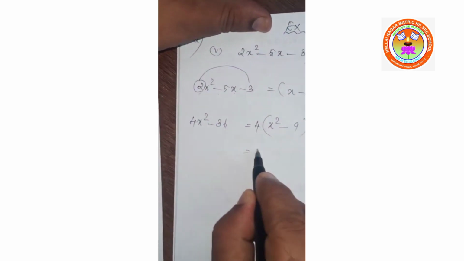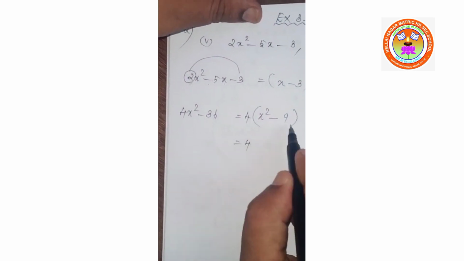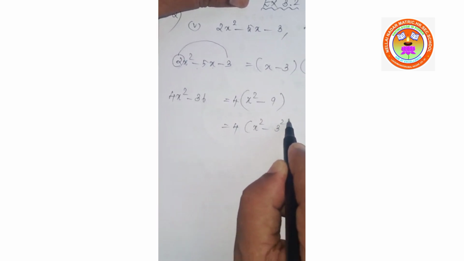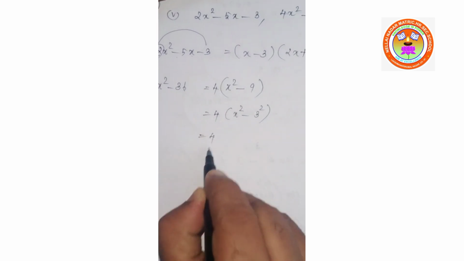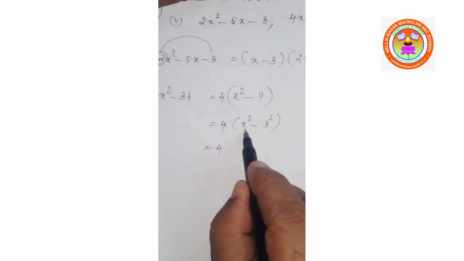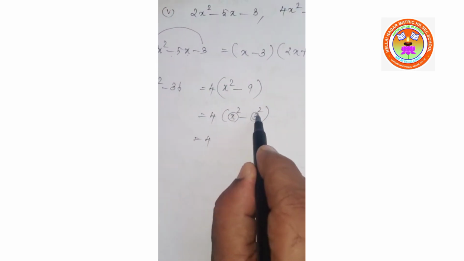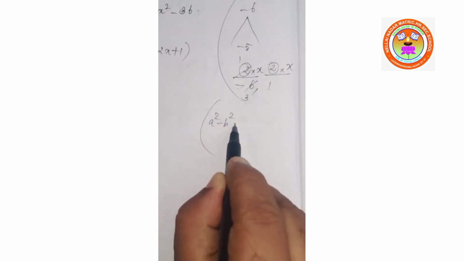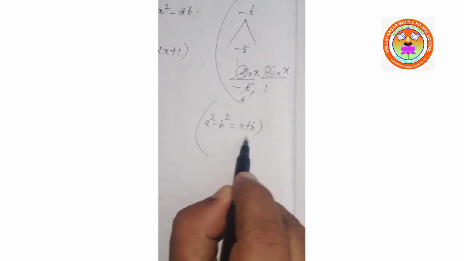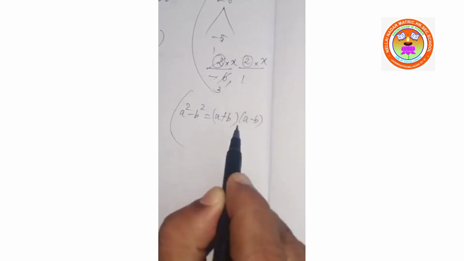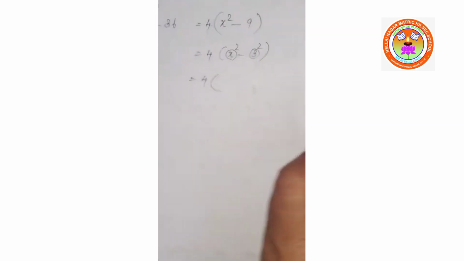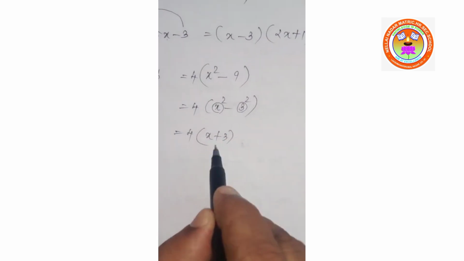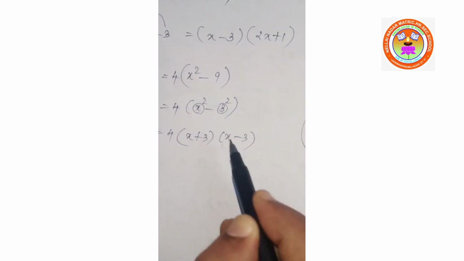Then write 4 as it is. 9 itself can be written as 3 squared. This is of the form a squared minus b squared, so apply the identity a squared minus b squared equals a plus b into a minus b. By applying this identity, you can write x plus 3 into x minus 3.